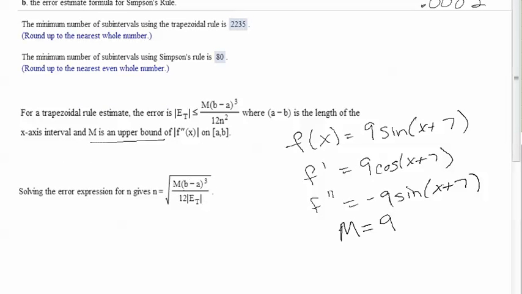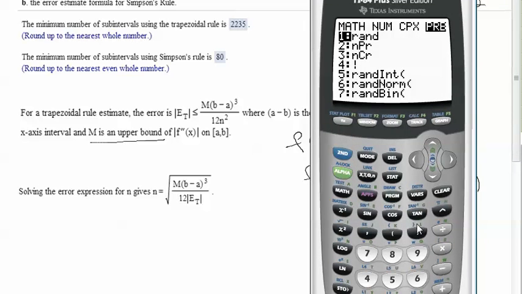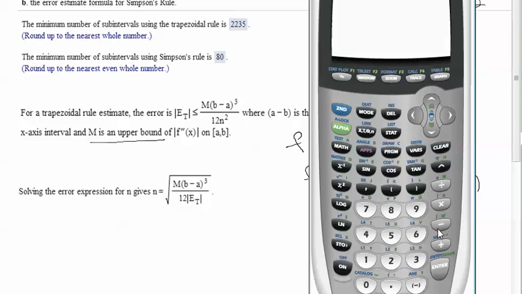Then you're just going to plug that into this formula, and I'll use my calculator to do that. So we'll do the square root, the second root, of the M, which was 9, times the b minus a, so 7 minus -4, and you're going to raise that to the third power, and then divide by the product of 12 times the error term, which was 0.0002.